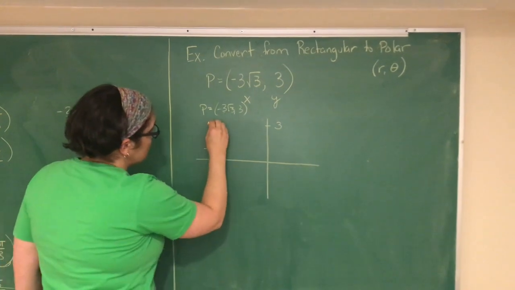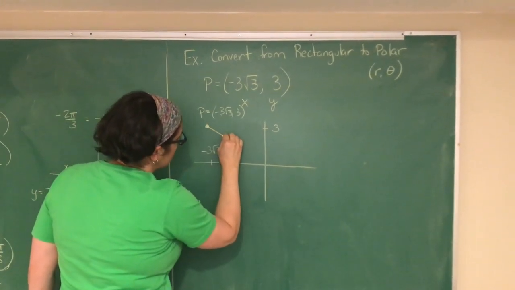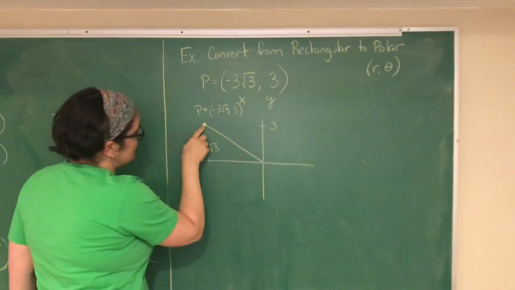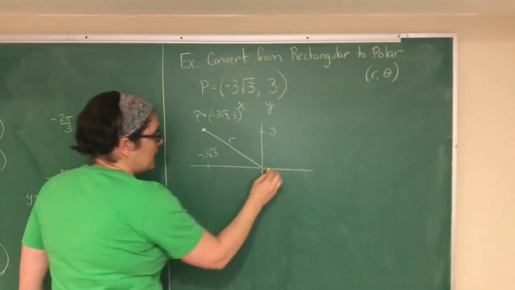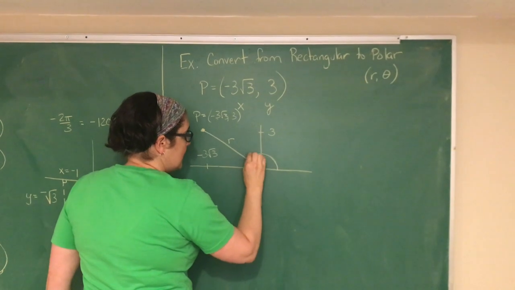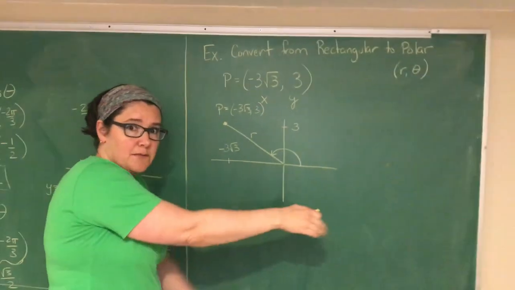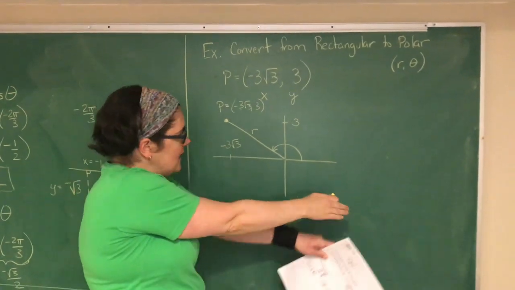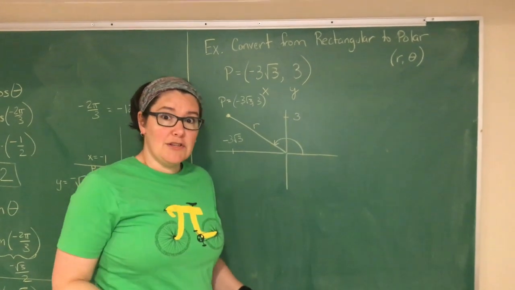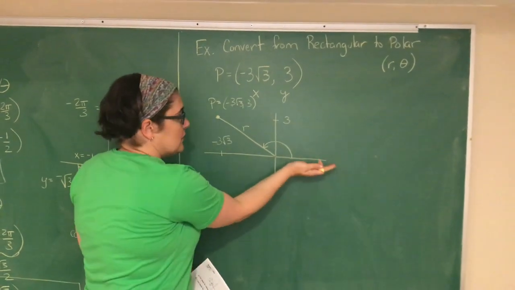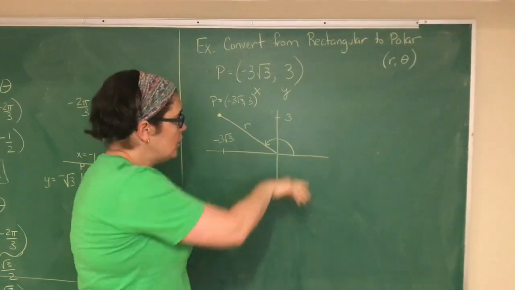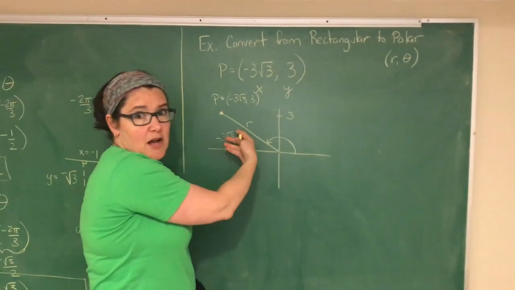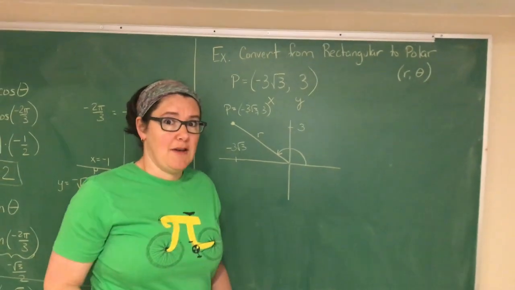So to use polar coordinates, I'm going to need two pieces of information. I'm going to need the distance from the origin out to that point, that's our r value, and I'm going to need our angle of theta, and theta is always measured from the positive x-axis, and we actually get a choice. We can choose to swing in a counterclockwise direction, in which case we'll have a positive angle, or we can choose to swing in a clockwise direction, where we would get a negative angle.